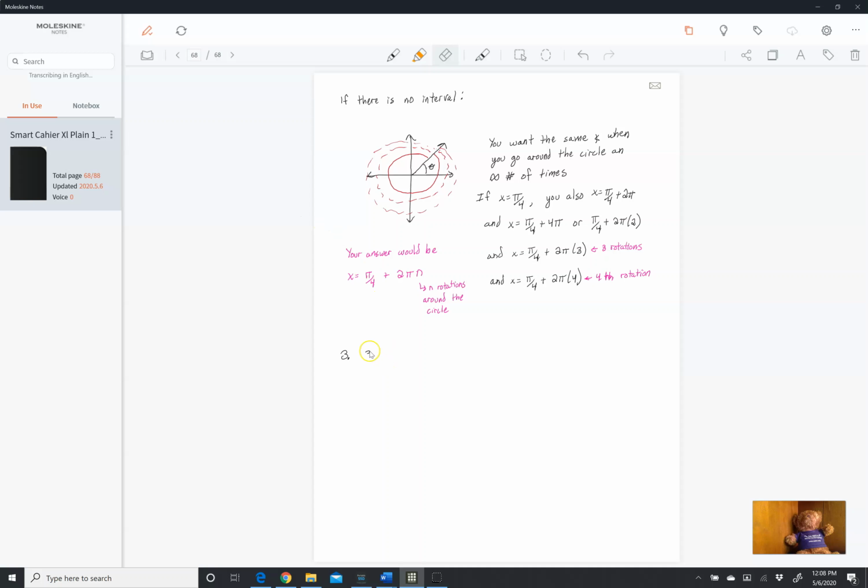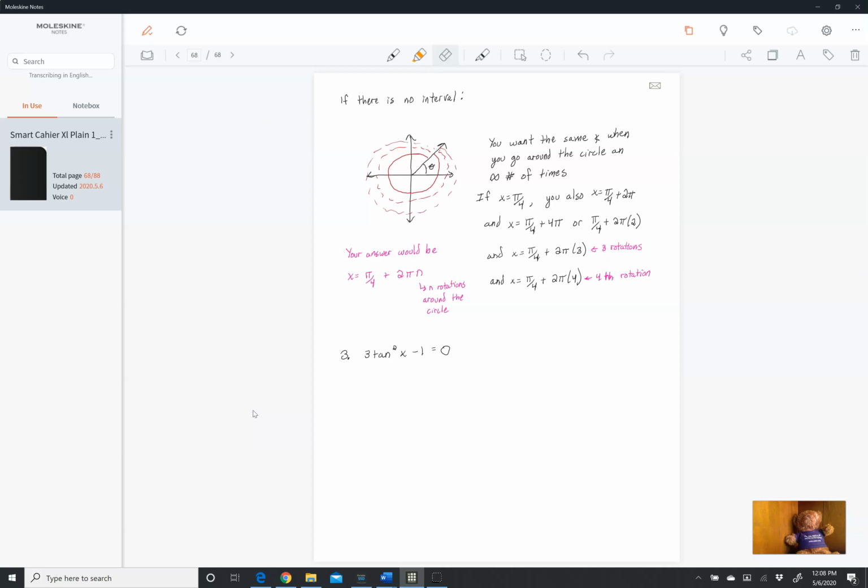And we're going to do everything in radians, okay? Everything is going to be in radians, just because I want you to get really accustomed to it, and you're already accustomed to degrees. So this one, 3 tangent squared x minus 1 equals 0.